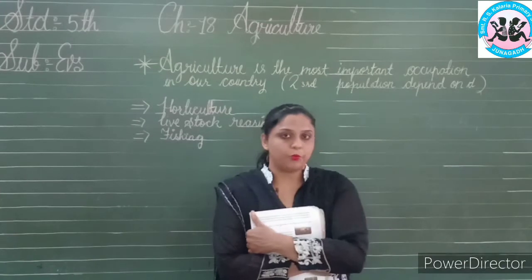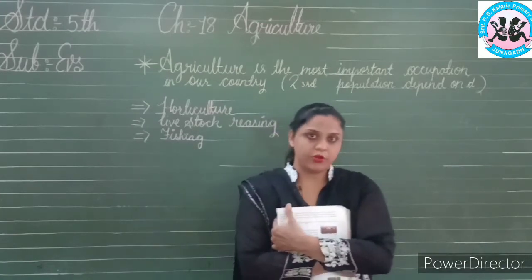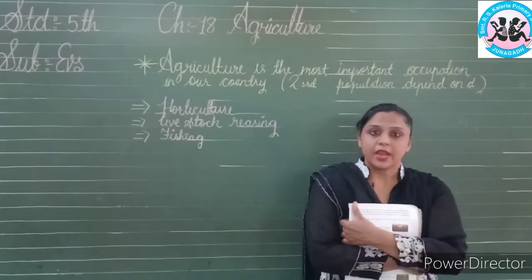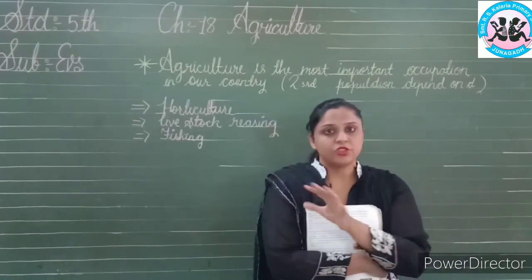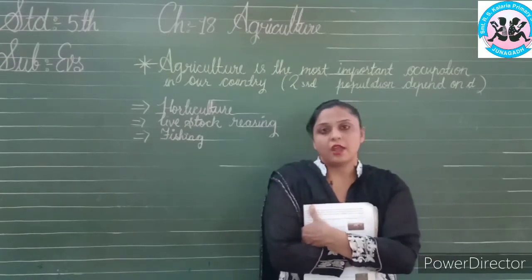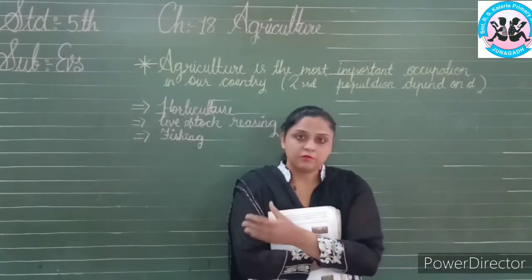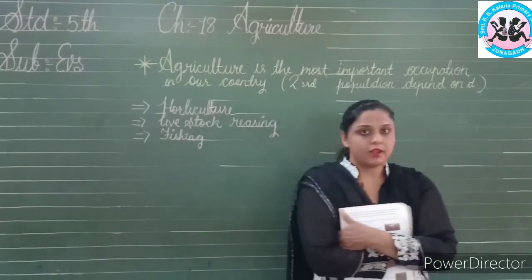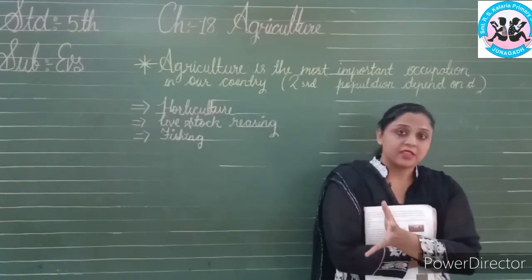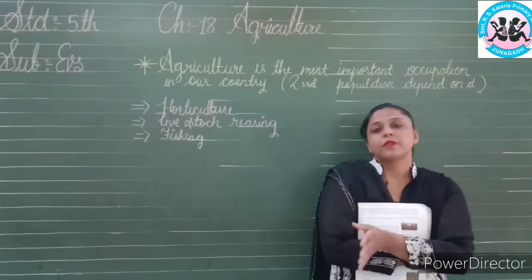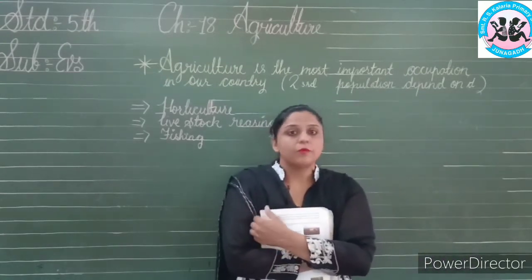You have studied about poultry earlier, that chickens are raised in a farm which has been established specially for them. They are given proper food and shelter, and after that they lay eggs, and their eggs are used, and that is called poultry.